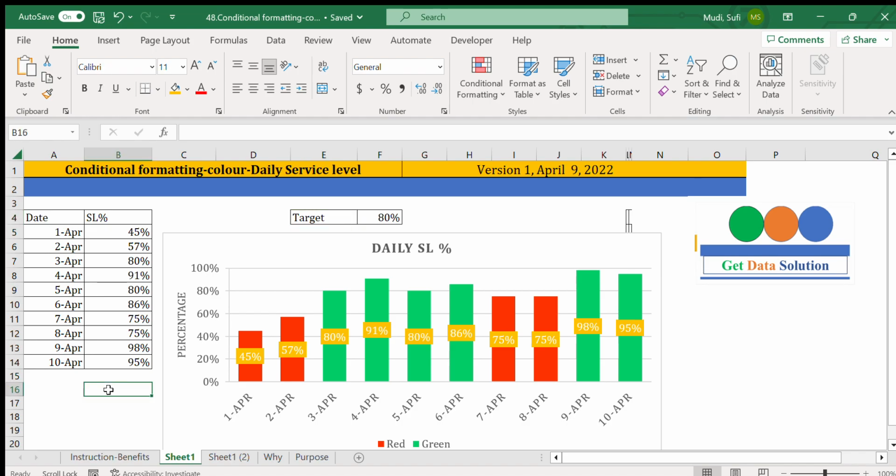So this is very important to judge our service level performance.